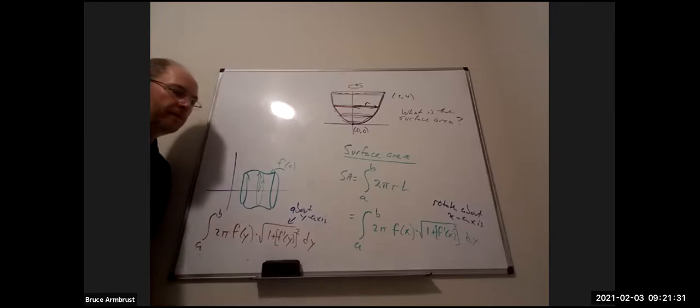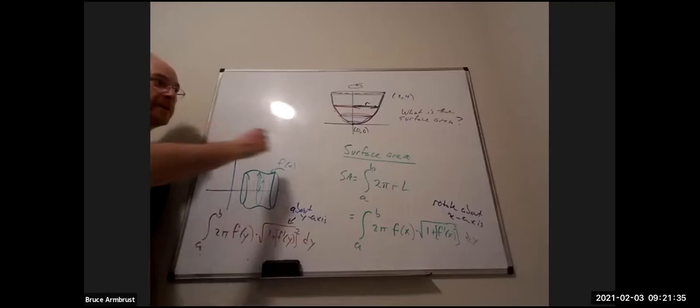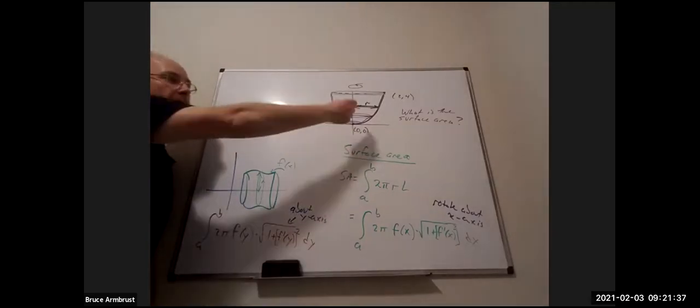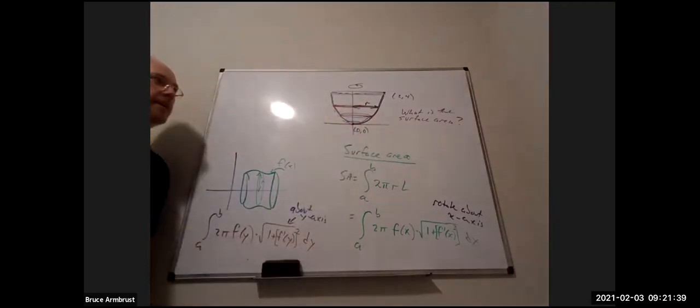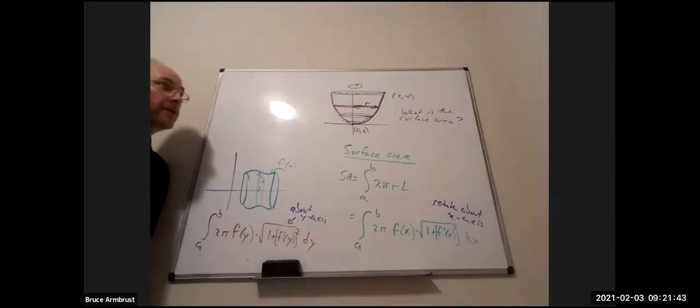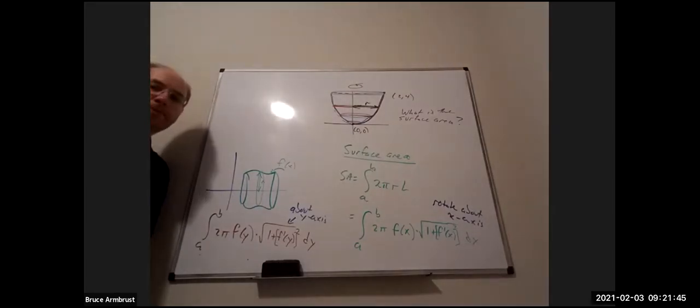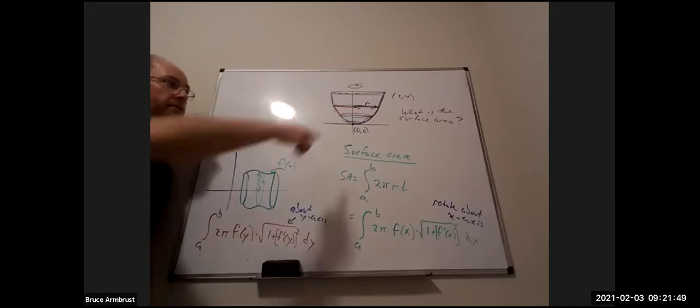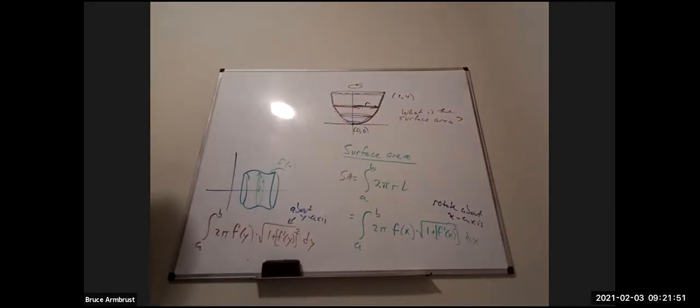All right, so let's see if we can set up the formulas for the surface areas. And let's start with the one that we started with, taking y equals x squared from 0, 0 to 2, 4, and rotating it about the y-axis. All right, so let's see if we can actually set that one up.